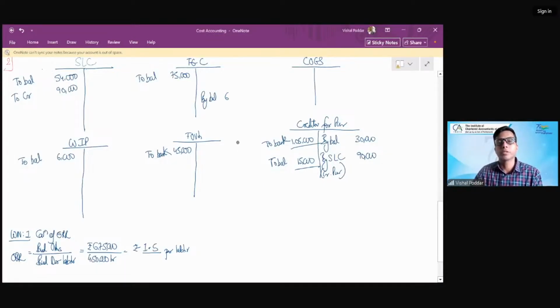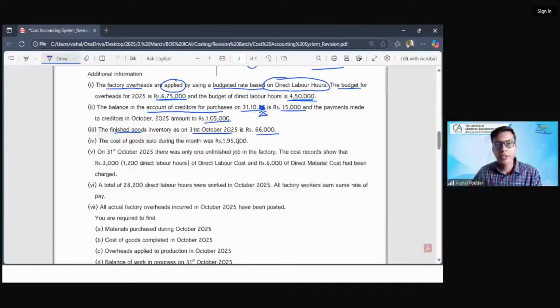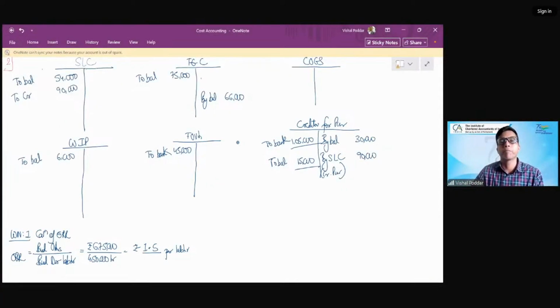By balance 66. COGS during the month 195. Okay. Which will be transferred here to FG, 195. Right?